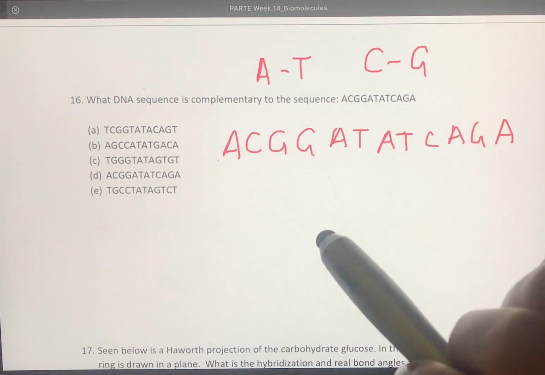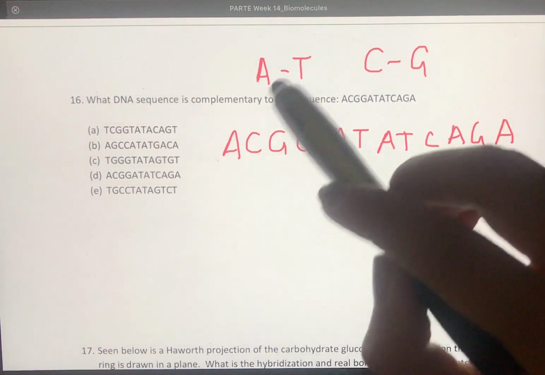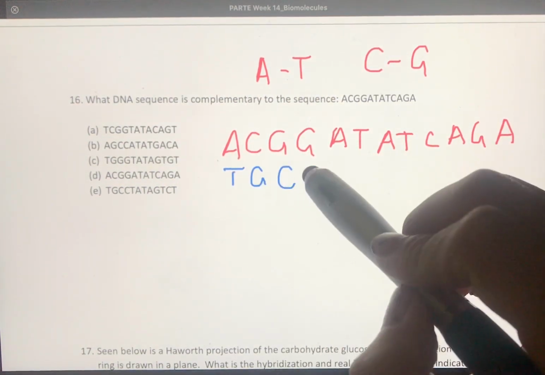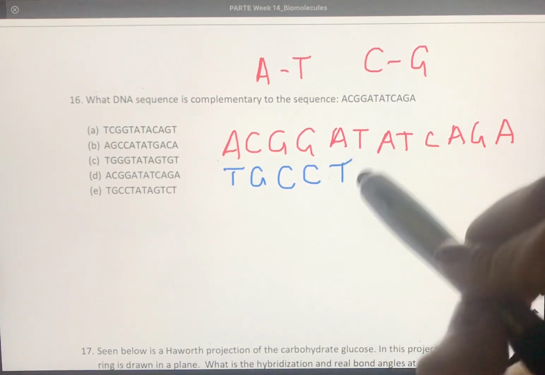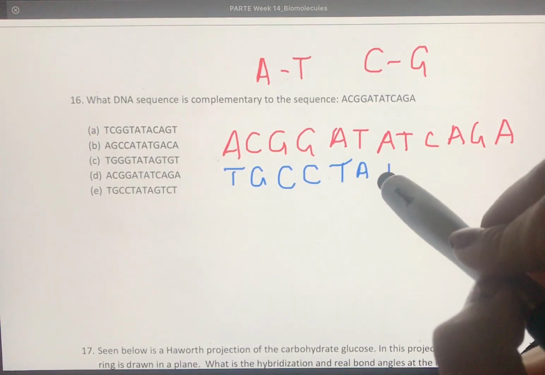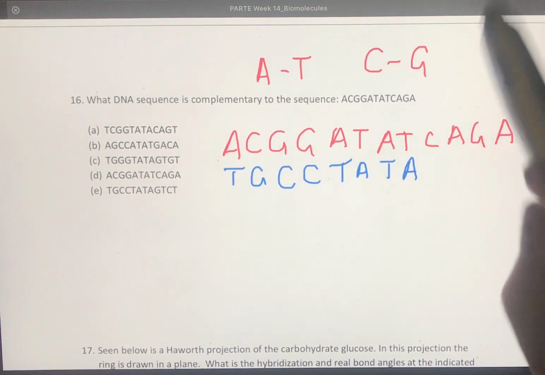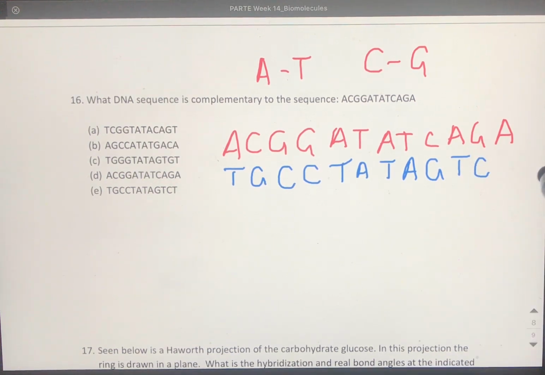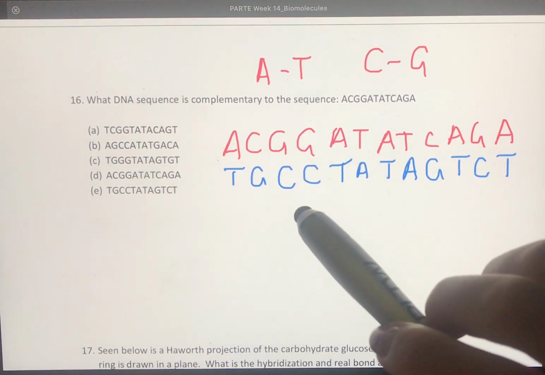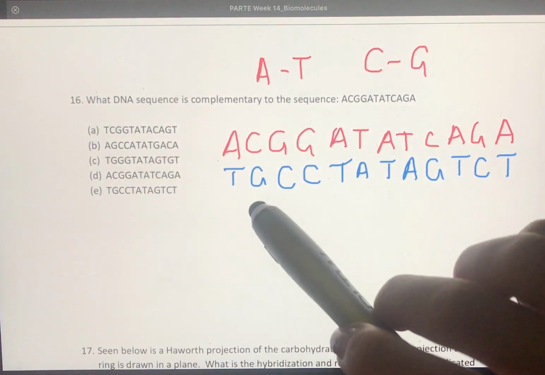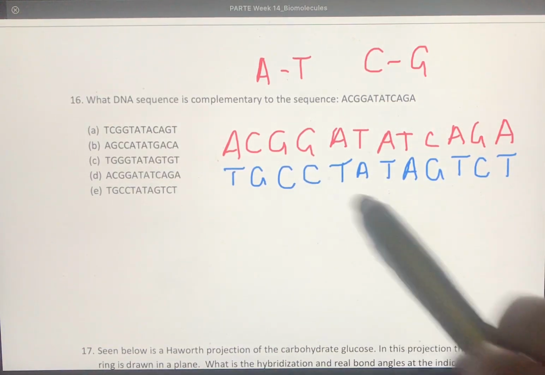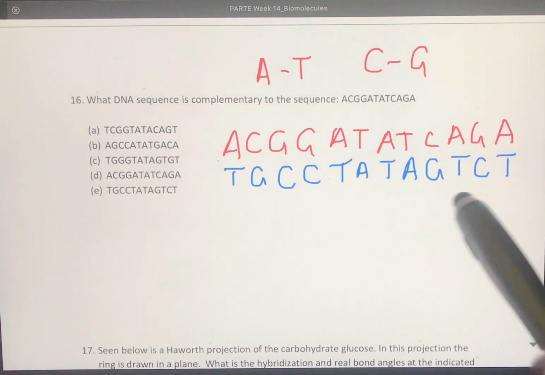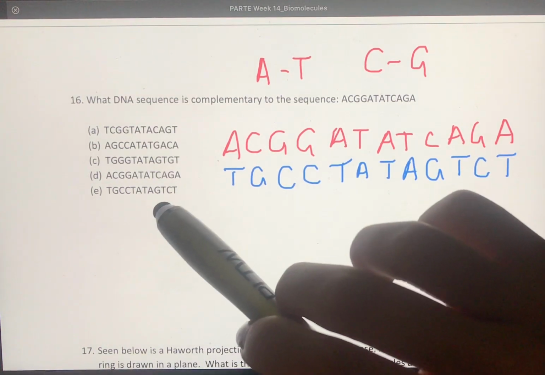And now we'll do the complementary strand. So A base pairs with T, C goes with G, G goes with C, C, T, A, T, A, G, T, C, T. So if we look at our answer choices, TGCC is what we start with, TGCC, TAT, AGTCT.